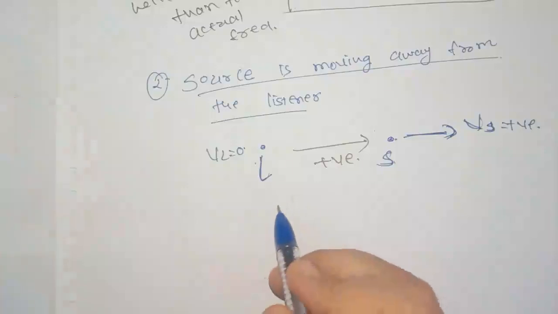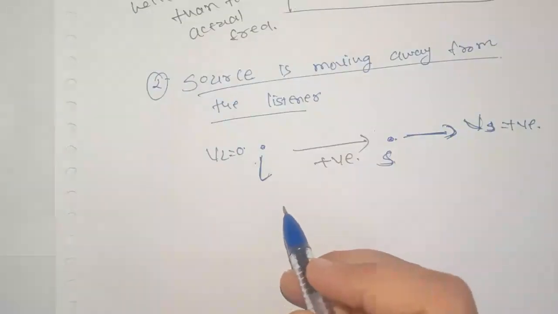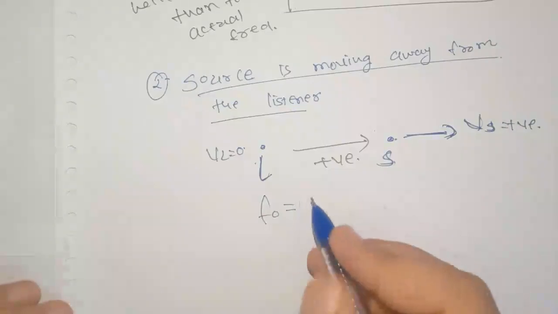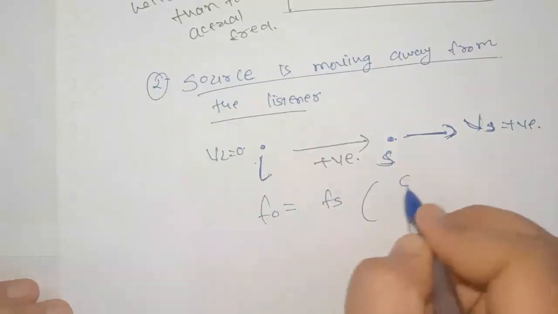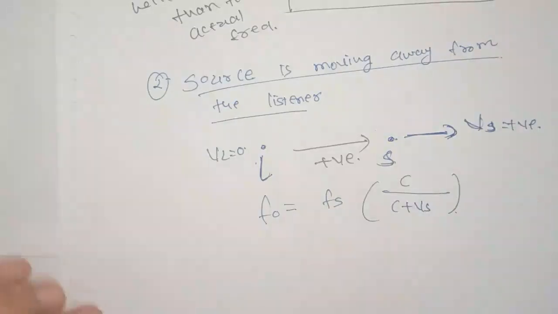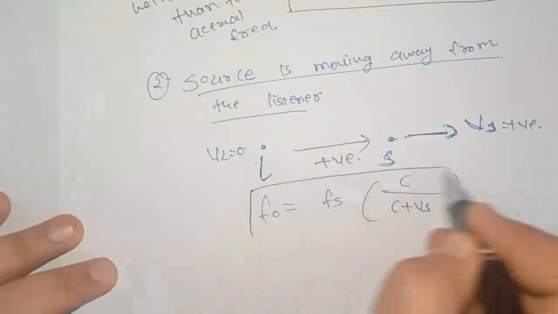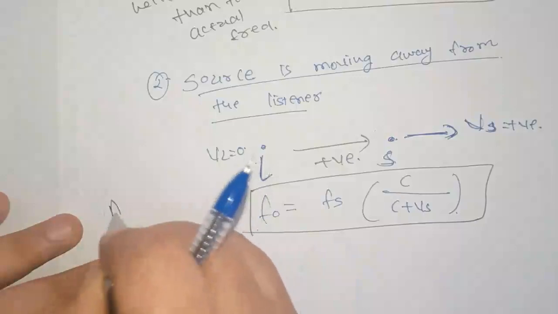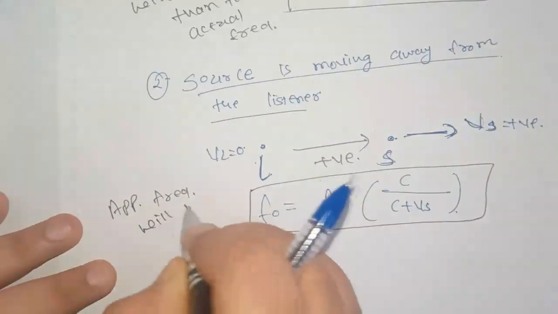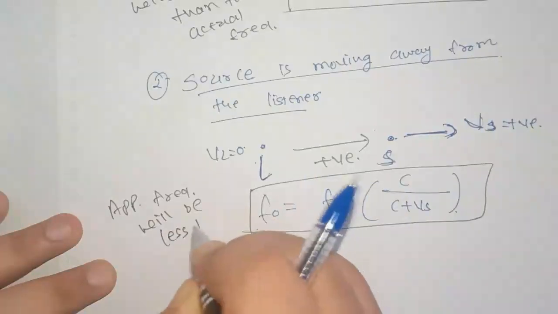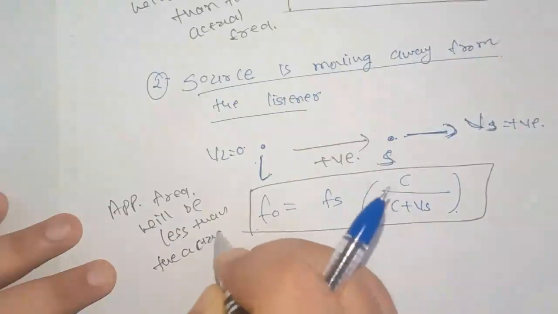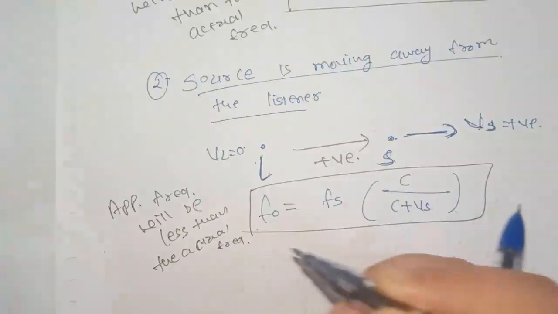So the apparent frequency FO will be Fs into C divided by C plus Vs. So the apparent frequency will be less than the actual frequency.